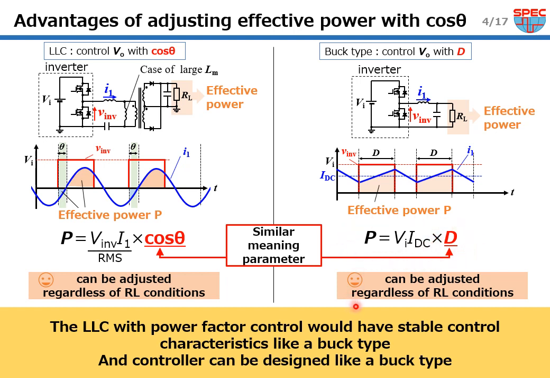In other words, effective power can be adjusted regardless of RL conditions with D. From these reasons, cos theta and D can be considered parameters with similar meaning. Therefore, the LLC with power factor control would have stable characteristics like a buck-type converter, and the controller can be designed like a buck-type converter.